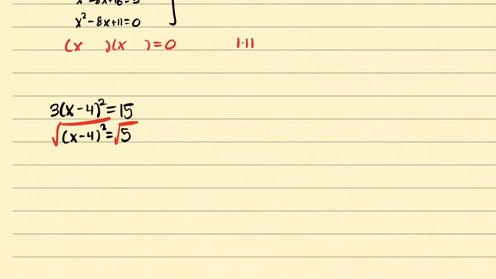So now this second power and the square root will cancel to get x minus 4, and I get plus or minus root 5 over here. Remember, because I took the square root of something unknown that's squared, I need to be careful and account for the plus or minus version of it. And now I can solve. This is going to be 4 plus or minus root 5. And these are our solutions.